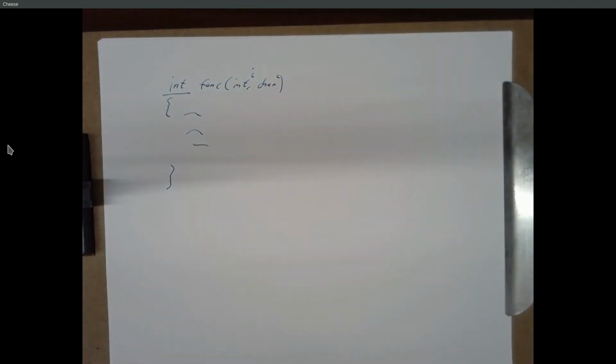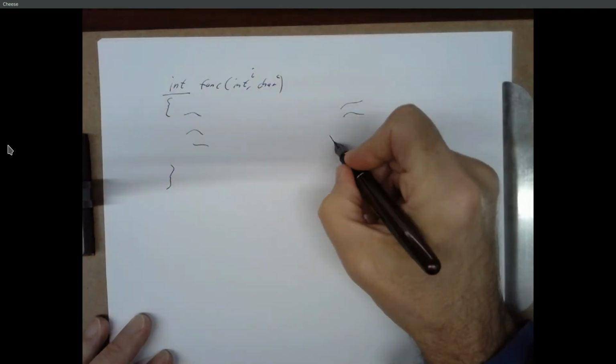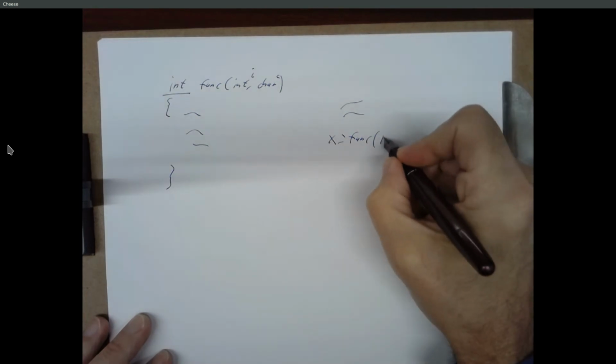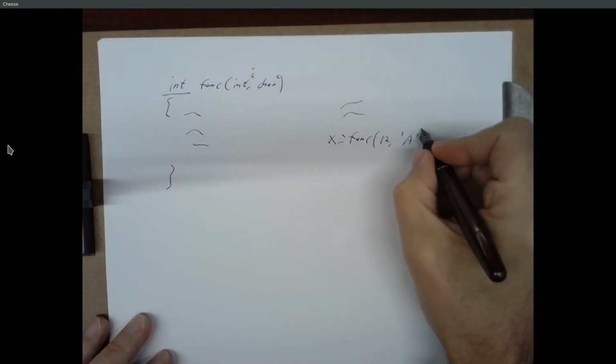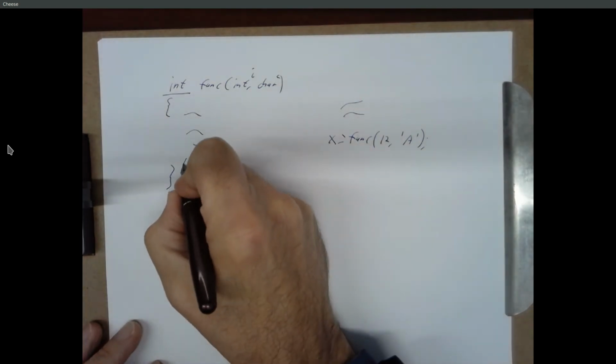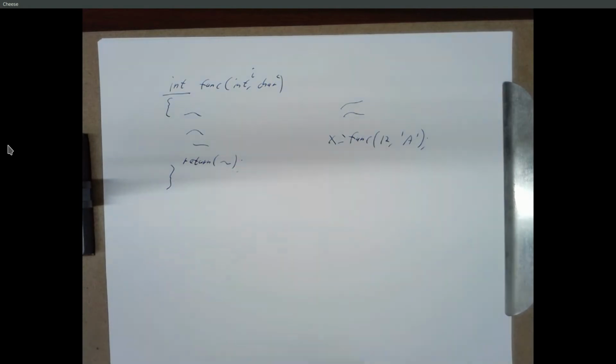To use this function, I would say something like x equals func of 12, comma, letter A. And somewhere in my function I need a return statement that returns something.